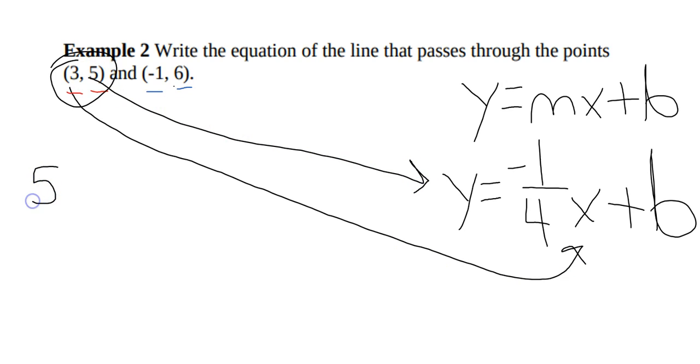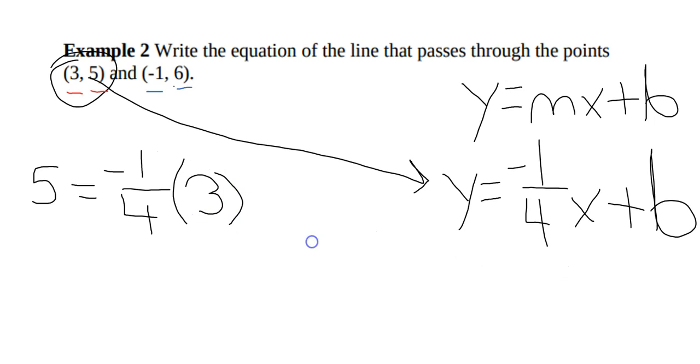So I've got 5 is equal to -1/4 times, we plugged in a 3, plus b. So now the only variable I have to solve for is this b.